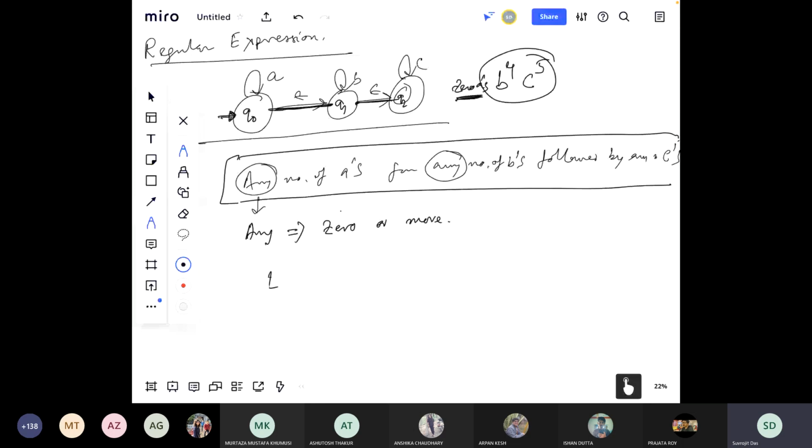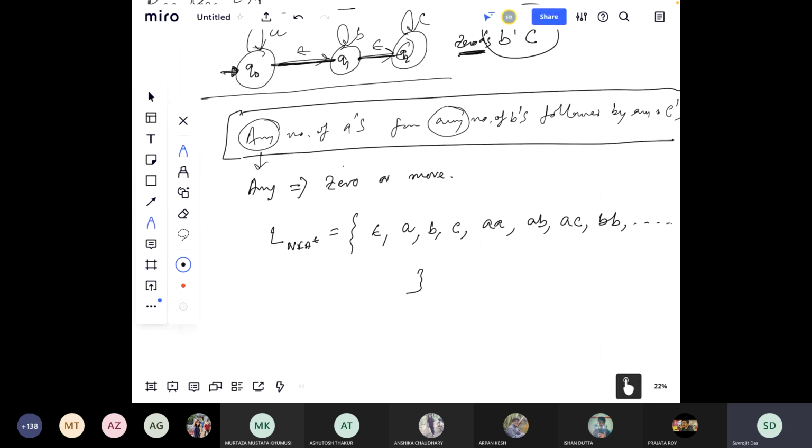And the language that is accepted by this epsilon NFA can be written as epsilon, a single A, a single B, a single C, a double A, followed by B, A followed by C, B, in some order, right? All possible strings.